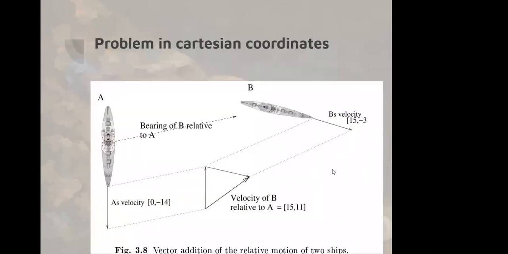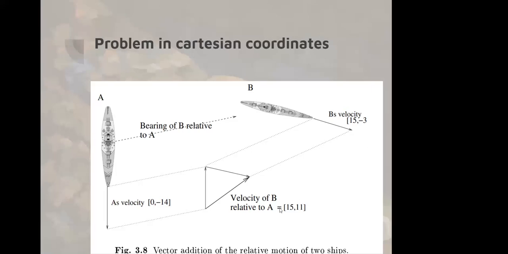This is what you're trying to do mathematically. You've got one ship going in this direction. Suppose, for simplicity, we express it in a Cartesian coordinate system. It's got 0 east-west velocity. It's got a velocity of minus 14 meters per second southwards. This one has got a velocity of 15 meters per second to the east and 3 meters per second southwards.